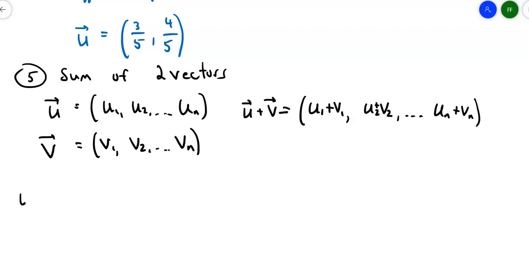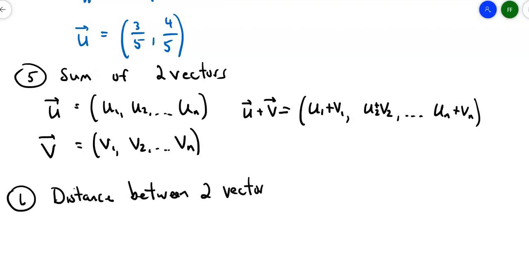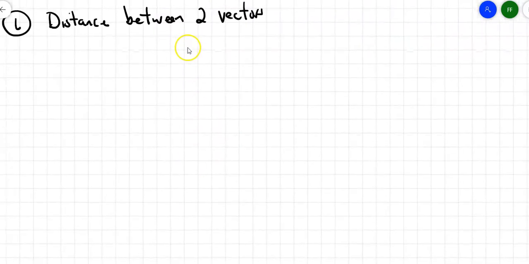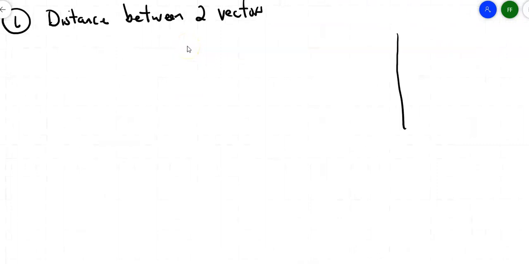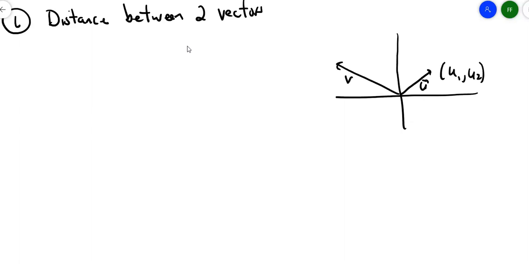Right? What if you want the distance between two vectors? Right, so suppose I've got two vectors. And on my plane, I'm going to put a vector u over here, and vector u has components u1, u2. And then vector v over here has components v1, v2.